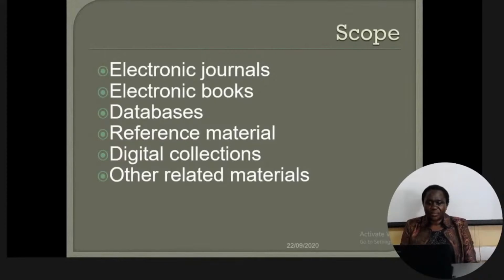There are also databases, which are the containers that have all those e-resources, e-books and e-journals. And you could also find reference materials like dictionaries, encyclopedias, and handbooks online to help you understand what you're trying to understand.